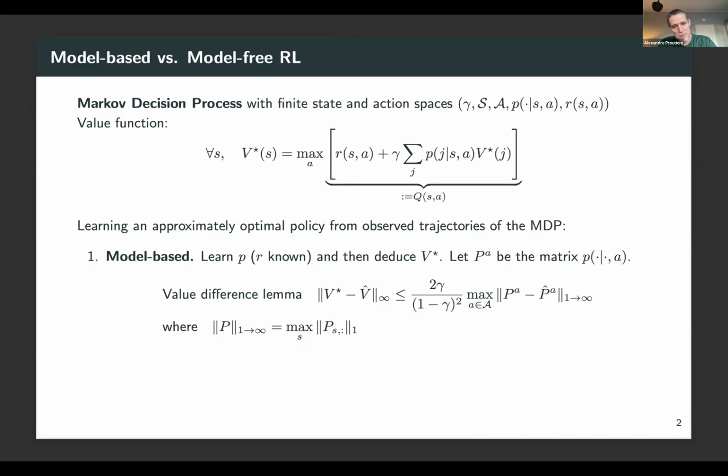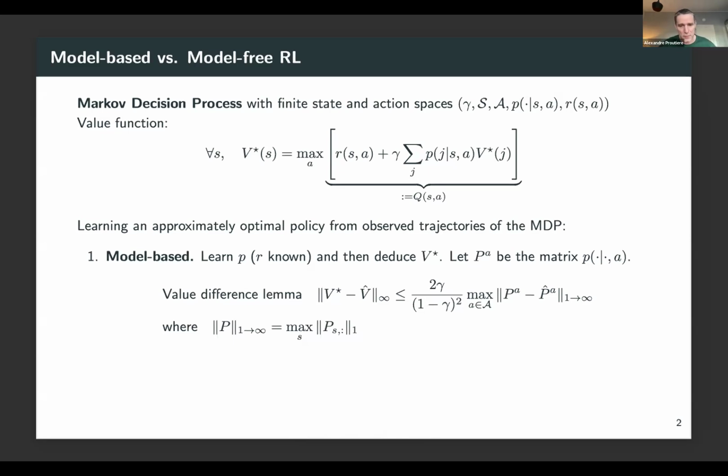This lemma tells you that entry-wise, V star minus the estimated value function in a given state is bounded by the error you make in estimating the matrix P_A, the transition matrix of a Markov chain where you always choose the action A. What is important to note here is that in the value difference lemma, the error on the estimation of the transition probabilities is in the 1 to infinity norm.